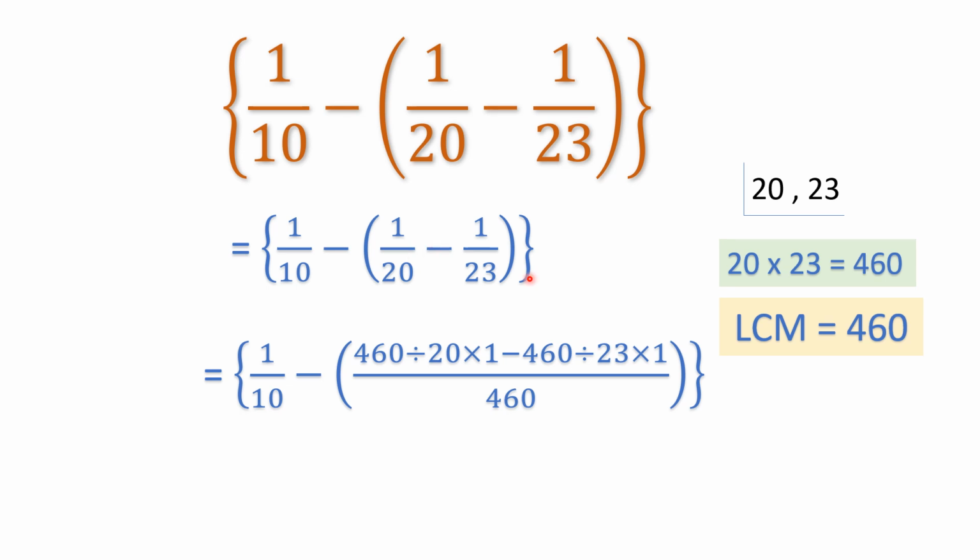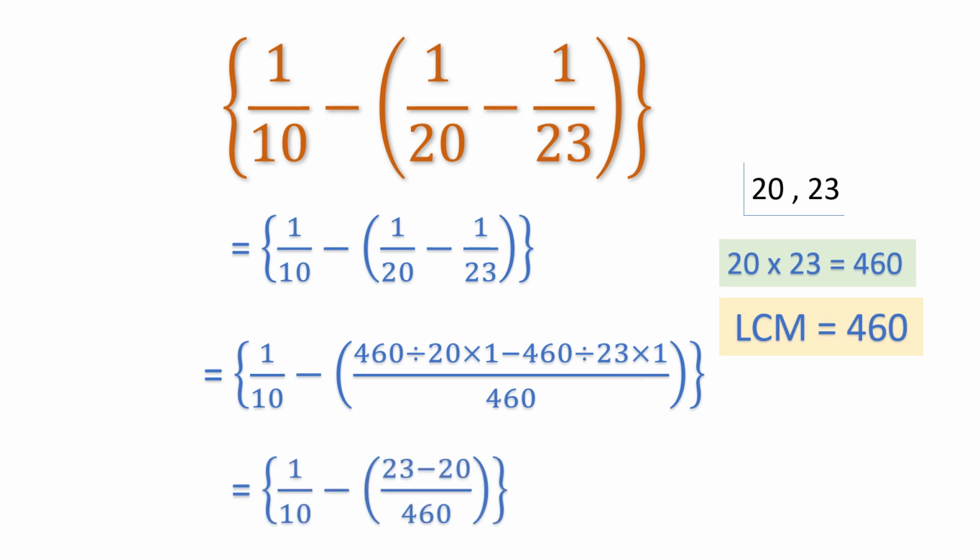Again we give the minus sign. And we find out 23 multiplied by how much is 460. In the same way, 460 divided by this denominator, whatever the answer comes, we will multiply that to this numerator. So 460 divided by 23 multiplied by 1. This will be our next step.